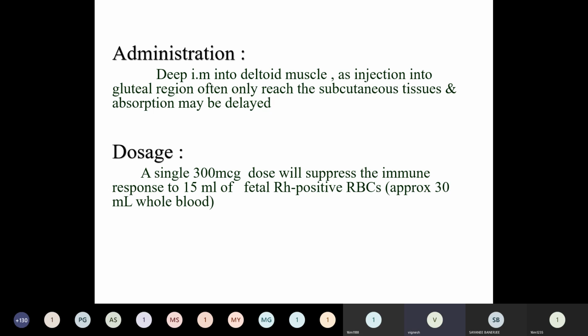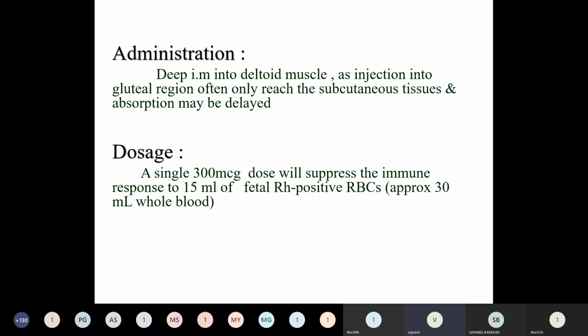Administration, how do you give? Anti-D 300 micrograms is given deep IM into the deltoid muscle as an IM injection and not into the gluteal region, because it only reaches the subcutaneous tissue because of the fat, and absorption may be delayed. Hence it must be administered into the deltoid muscle.